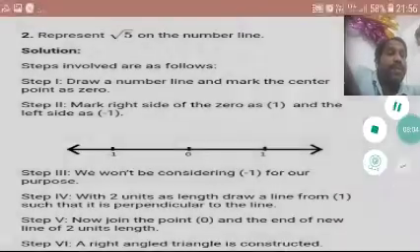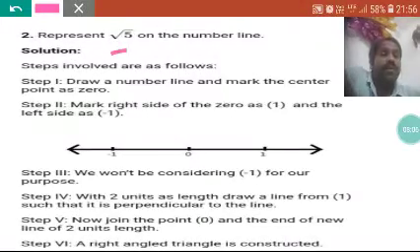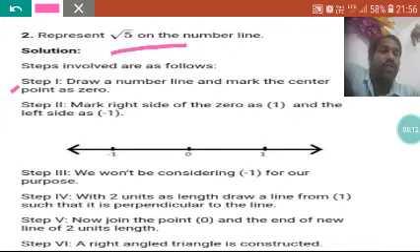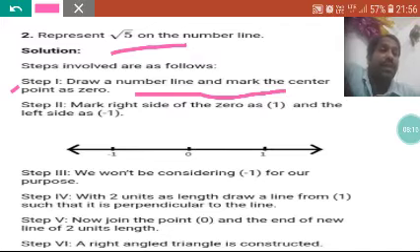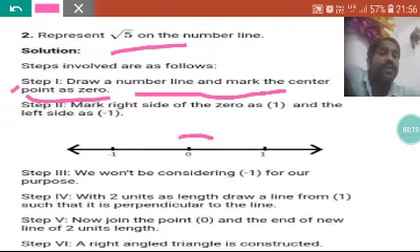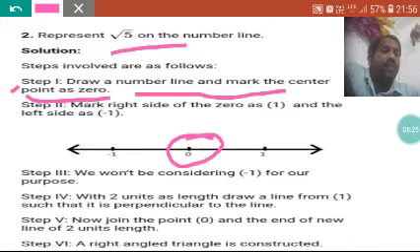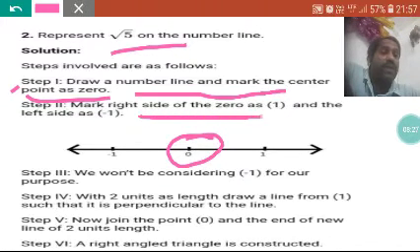Suppose we have to represent under root 5 on the number line. So what is our instruction? Stepwise I have tried to show you. Step 1 says draw a number line and mark the center point as 0. This is our center point here, 0. Second step says mark the right side of 0 as 1 and the left side as -1.